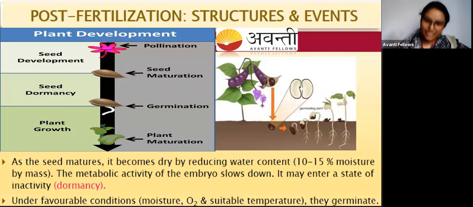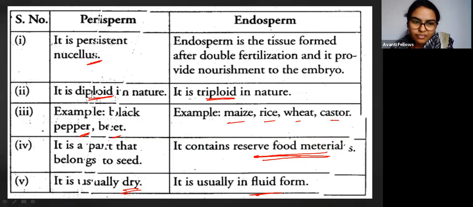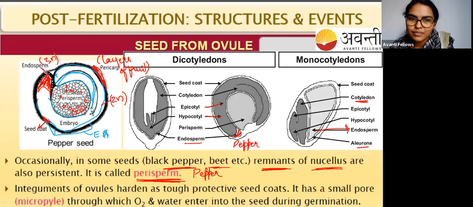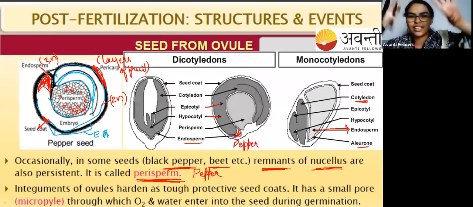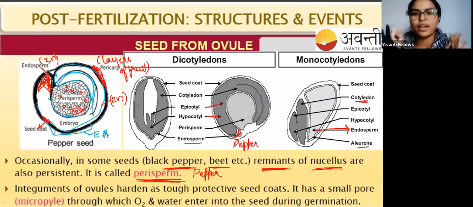See, Monisha, in the picture I showed here, this is a developed embryo, not the embryo sac. Here fertilization has happened, and the mature embryo has formed. After the mature embryo grows, the perisperm has come to the inside.